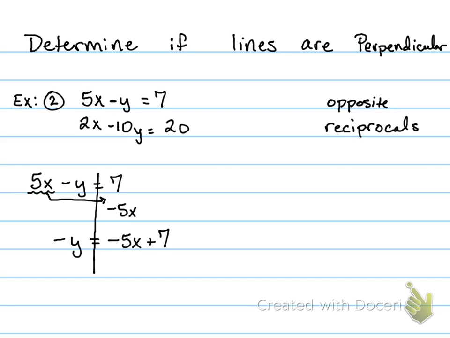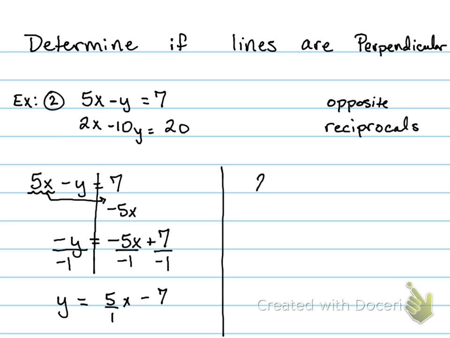And here I really need to divide everything by negative 1 to get y all alone by itself. So we have positive 5 over 1x, or just 5x, minus 7, because a positive divided by a negative is a negative.